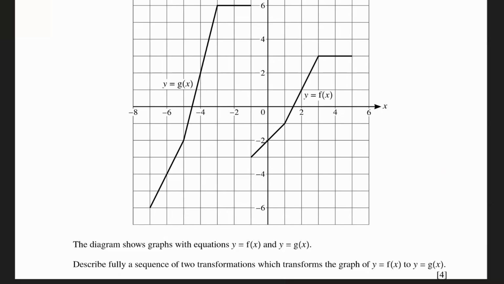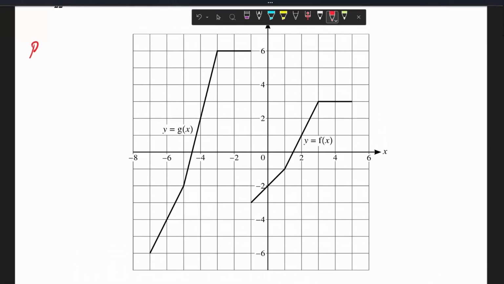All right, so like I said, reflect, stretch, translate. Let's start with checking if there's any reflections. And it doesn't seem like the graph of y is equal to f of x was reflected in any way to give the graph of g of x. So I'll say here that there are 0 reflections.